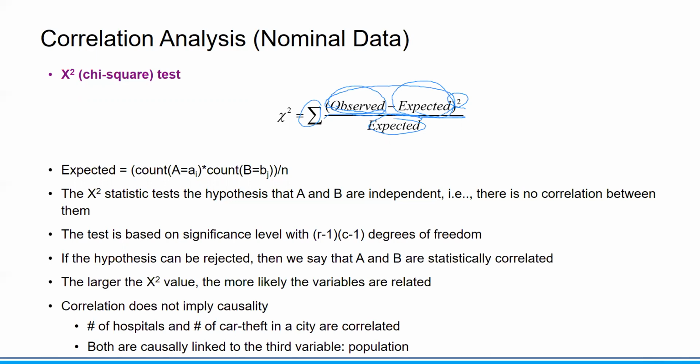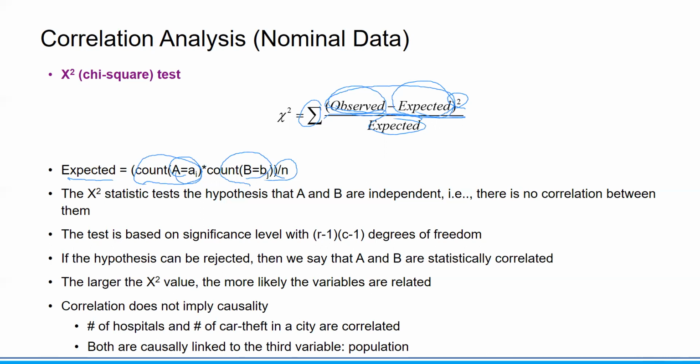The expected value is the count of A multiplied by the count of B divided by the total data.